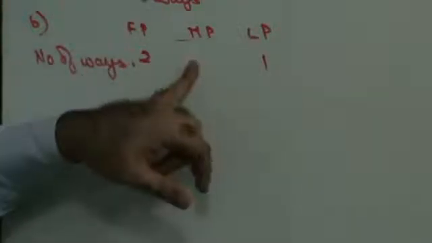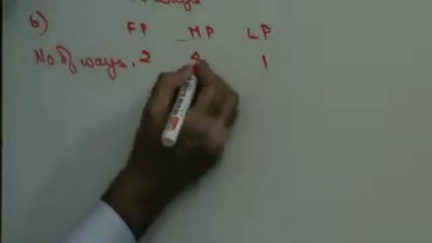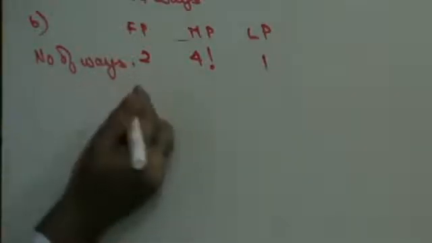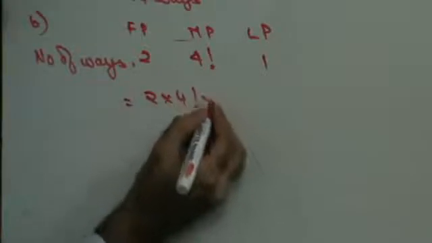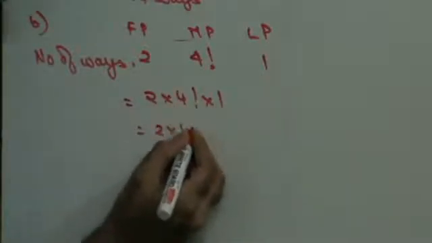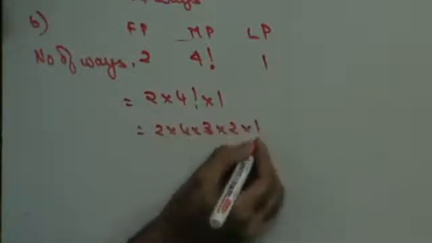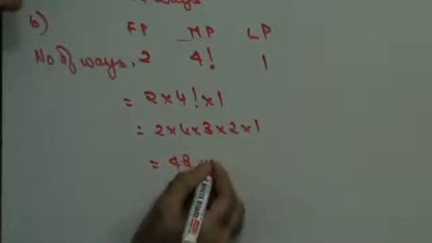I still have to fill 4 places and I have 4 letters remaining with me. 4 letters, 4 places can be filled in 4 factorial ways. So this is going to be 2 into 4 factorial into 1. So 2 into 4 into 3 into 2 into 1. That's 48 ways. So there are 48 different ways in which you can have a word beginning and ending with a vowel.